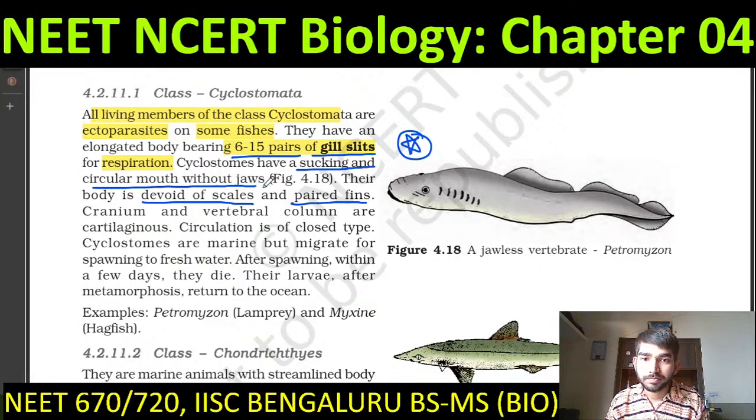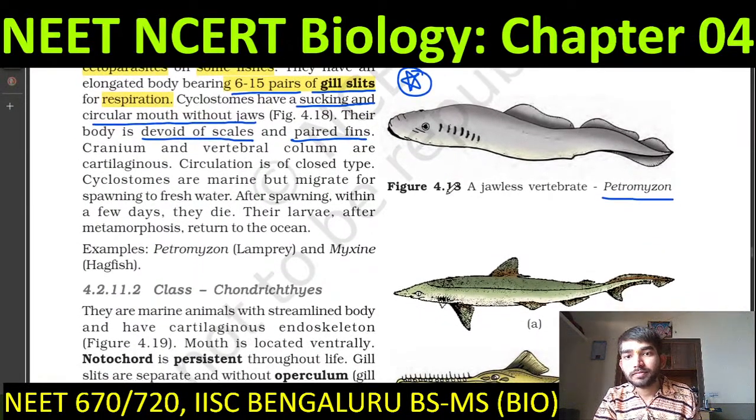Unlike fishes, which have fins in pairs, different kinds of fins like dorsal fin and pectoral fin, these are absent in cyclostomes, like Petromyzon. You can see there are no scales, it's a very smooth body structure, and it doesn't have any fins.